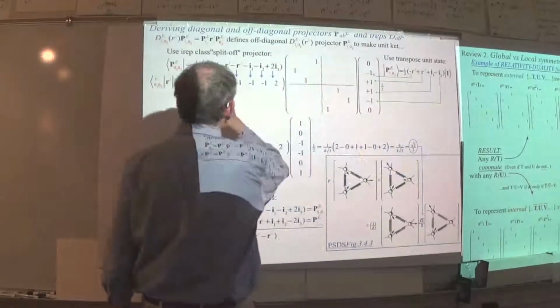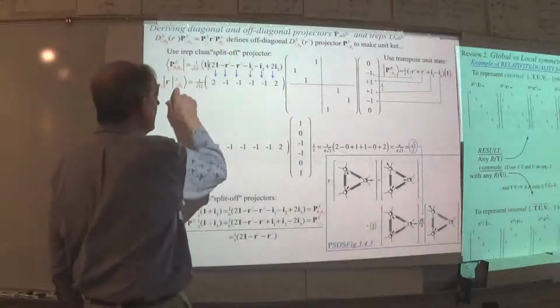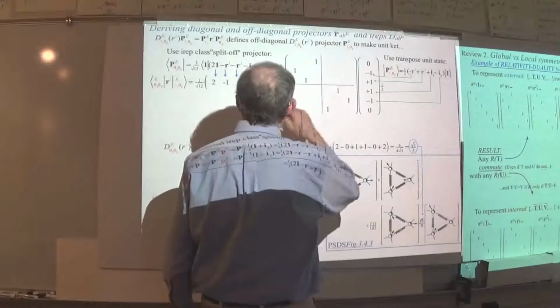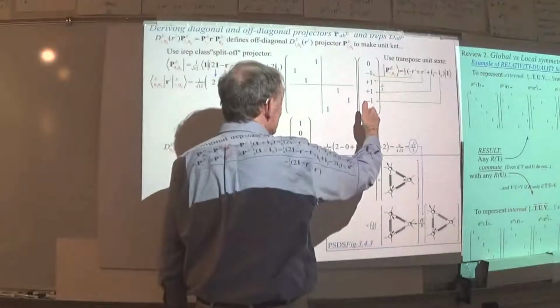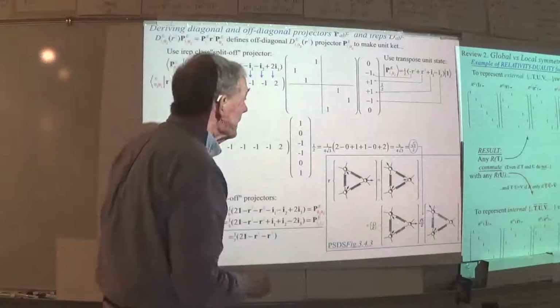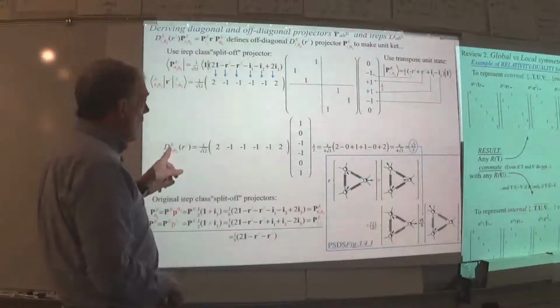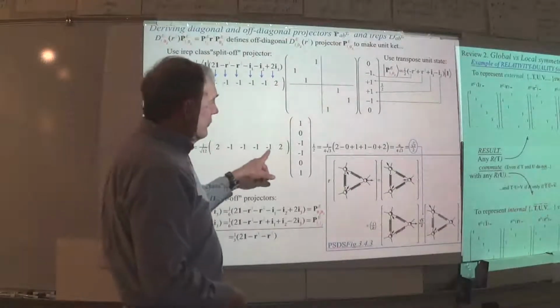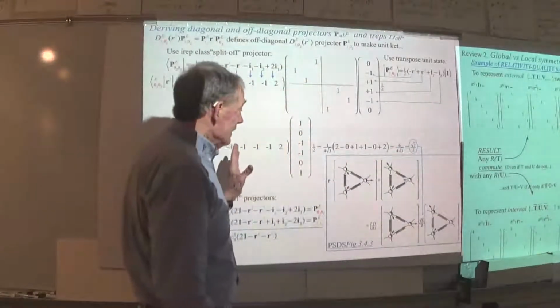This is the split-off projector that gives this vector, that's this one, and then this is the projector that gives me a vector that looks like that, and then I'm putting an R1 between them, okay? And that's the thing that's producing here a square root of 3 over 2 with the sign, you see.